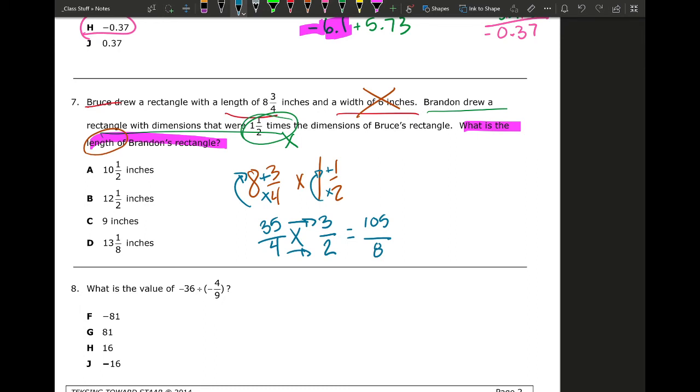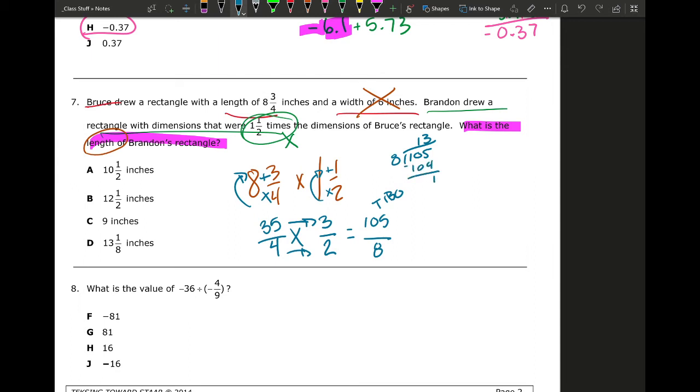Now, we cannot leave this like that because it doesn't match any of our answers. So we must convert this back into a mixed number. And we're going to do that by T-vote. 105 divided by 8. How many times does 8 go into 105? It's going to go in 13 times. 13 times 8 is 104.